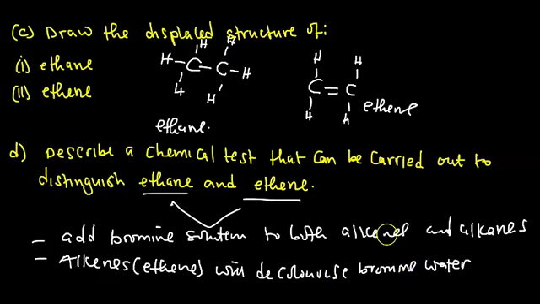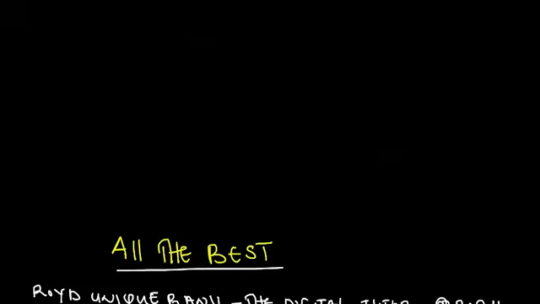So that is the test that would be carried out. In other words, you can say using bromine solutions, alkenes decolorize bromine solution or water, whereas alkanes are non-reactive and therefore they will have no effect on bromine water.